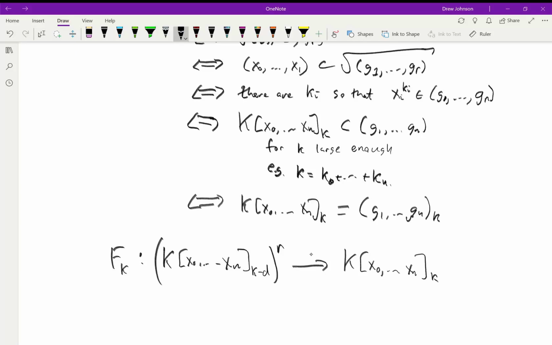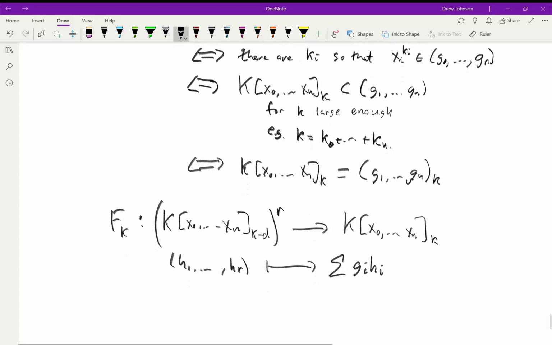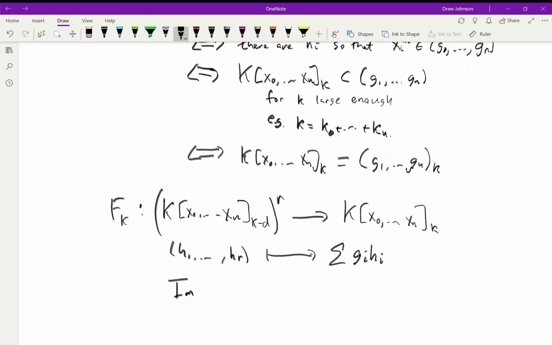It just takes some polynomials h1 through hr and maps them to the sum of gi hi. The image of this is precisely the ideal generated by the gi's, at least in degree k. But we just said that image is the whole thing, so we know that fk is surjective.